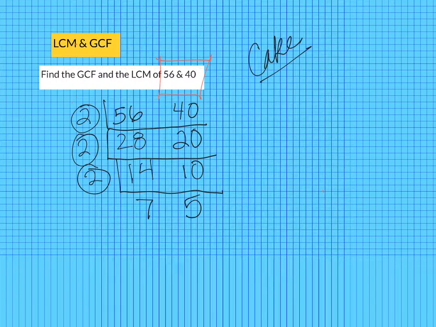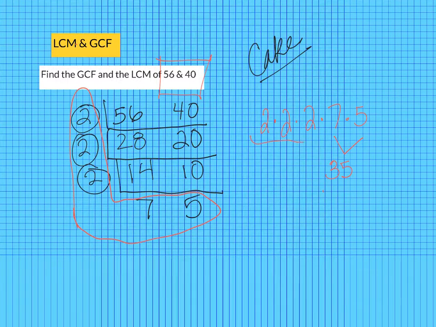So let's circle up the L, everything on the left and everything on the bottom. So if I'm trying to find my least common multiple, I would do 2 times 2 times 2 times 7 times 5. So let's take a second to figure that out. 7 times 5 gives me 35.